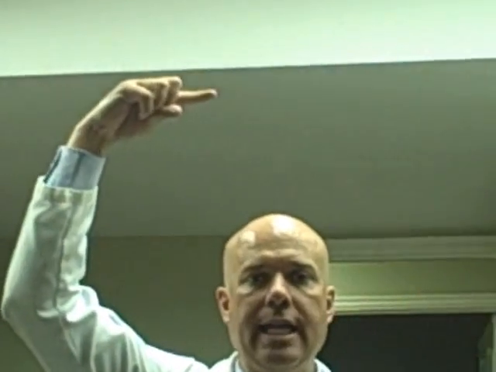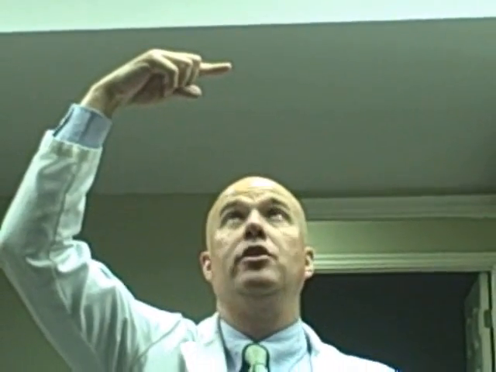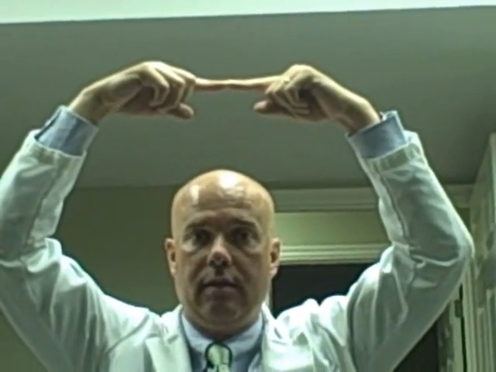Okay, now on this test what you're going to do is you're going to bring your right index finger up above your head, just like this. You're going to bend your head backwards to look at your finger, close your eyes, and then you're going to bring the tip of the left to meet the tip of the right. Now what's going to happen is, if there's no problem, you're going to be able to bring your fingers together just fine.